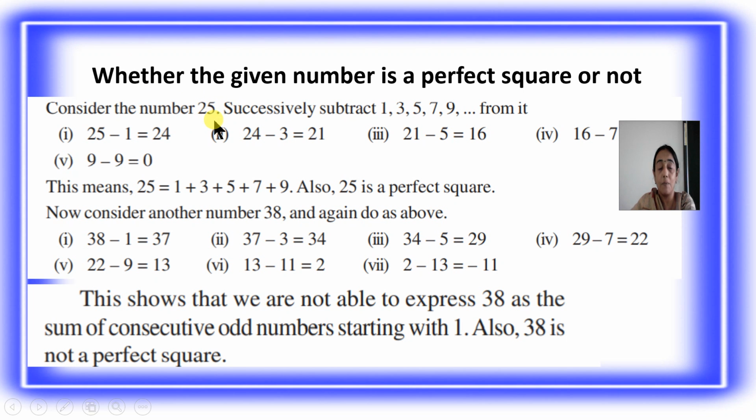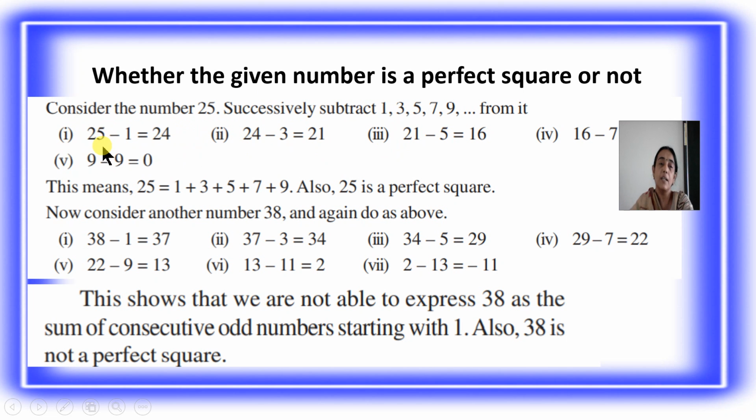But that is not enough. Sometimes the number ends with 5, like 35. It ends with 5, but it is not a perfect square. So, to find out whether the given number is a perfect square or not, what we will do is, from 25, we will successively subtract the odd numbers in order.